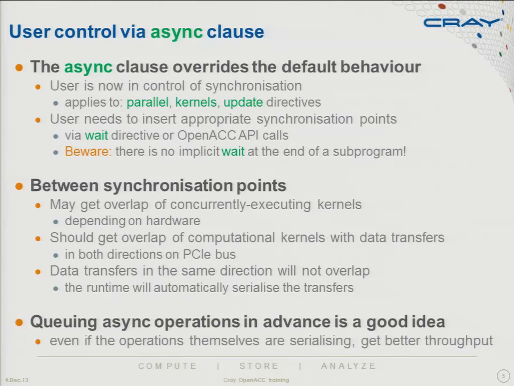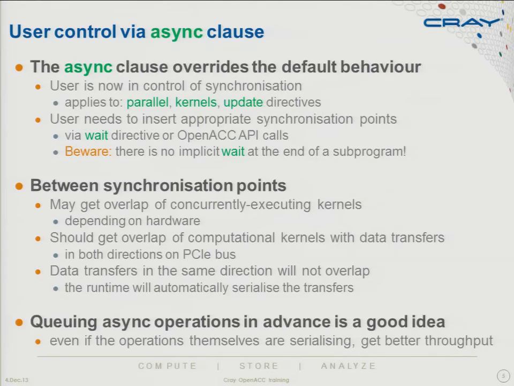So you put in these synchronization points, these wait directives, and then in between, things that have been launched with this async clause may overlap. You could get overlap of computational kernels. You might get overlap of computation and data transfers.